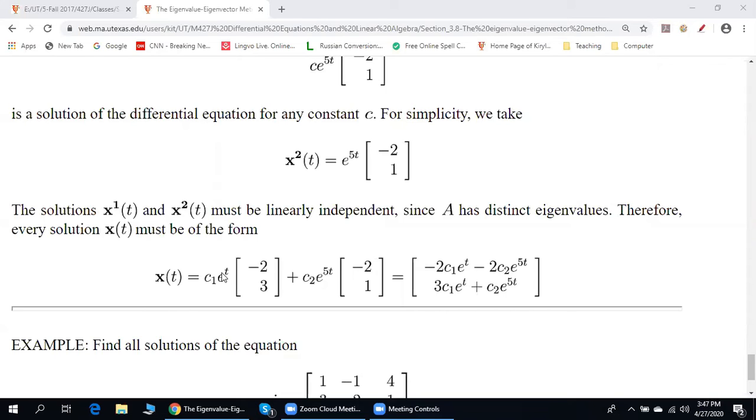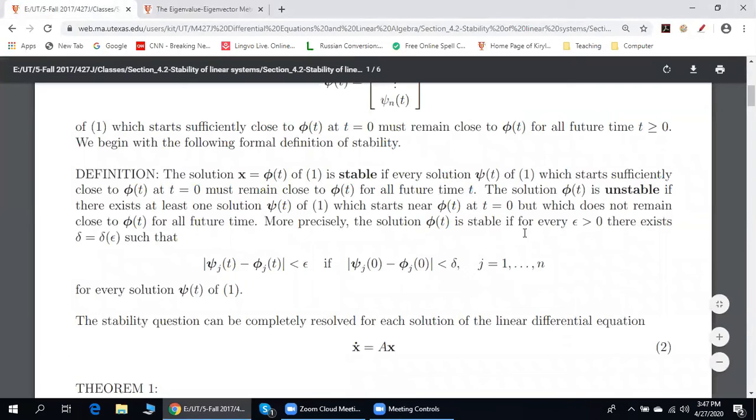Only when all real parts of eigenvalues are negative, only in this case, all solutions are stable. Does this answer your question? Yeah. Other questions?